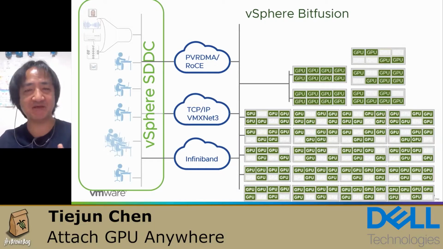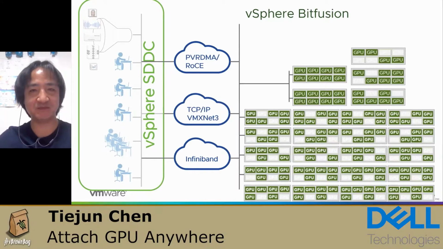But the Bitfusion product has some limitations. One is that it requires the server and client to be deployed on the same CPU architecture. That's x86. So I was thinking, what if we can enable vSphere Bitfusion for other CPU architectures like ARM64? That's about our Bitfusion extension.